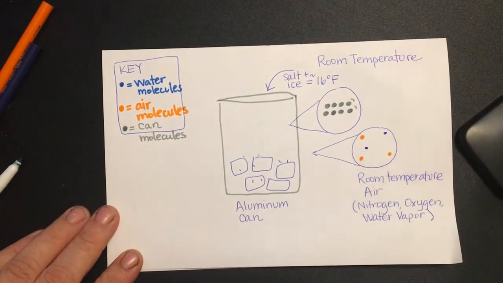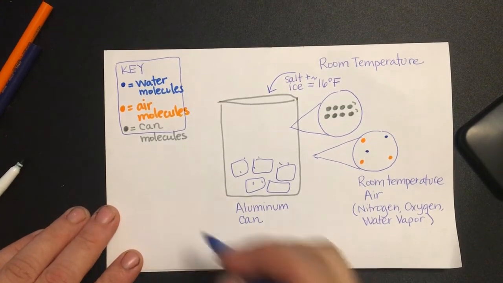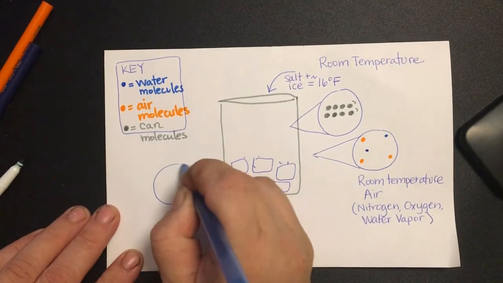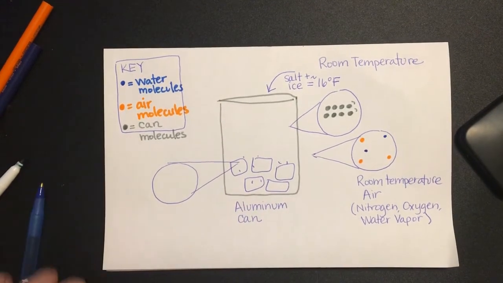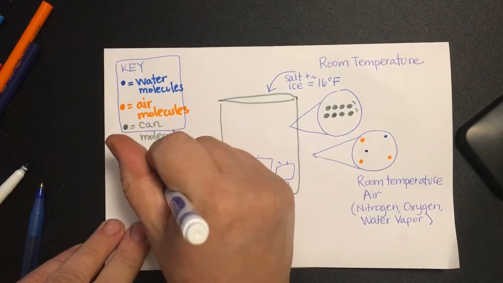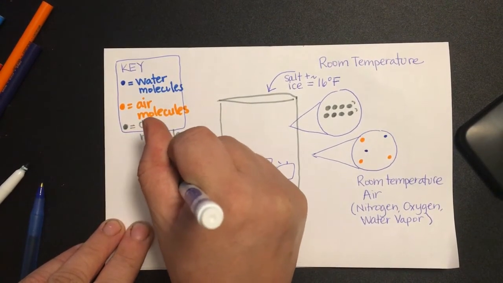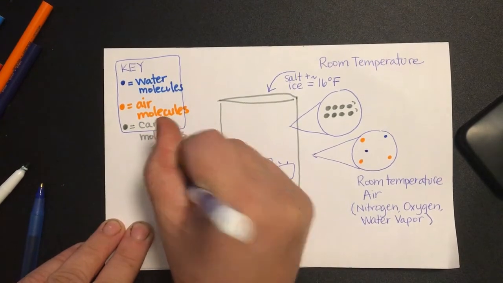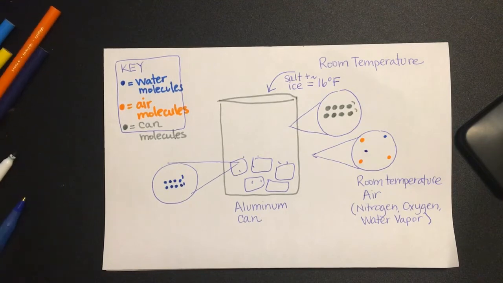degrees Fahrenheit. In other words, the molecules that are making up the water, when they are in the presence of salt, will remove more thermal energy from those molecules and slow them down even more so that they are vibrating even more slowly when they are locked into place in their solid structure.